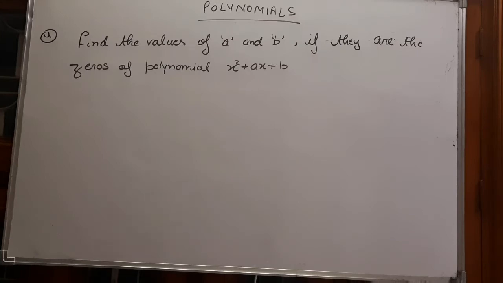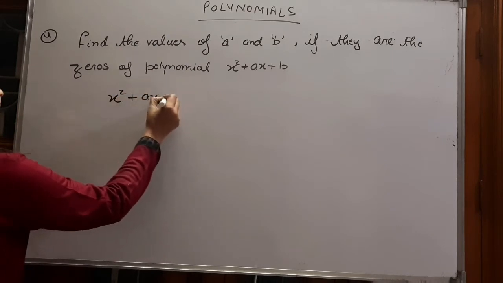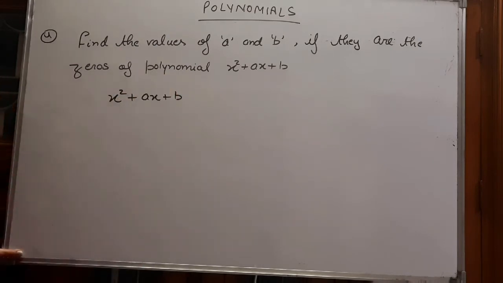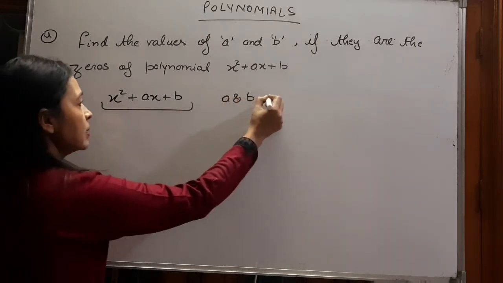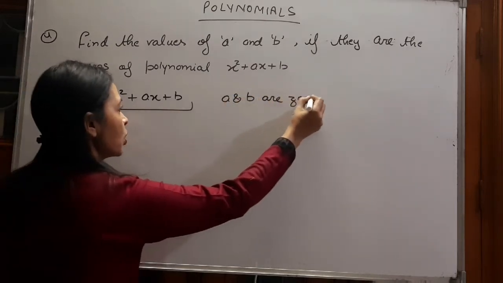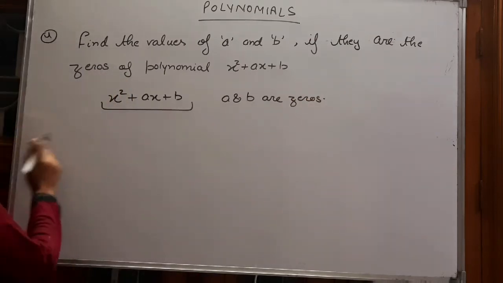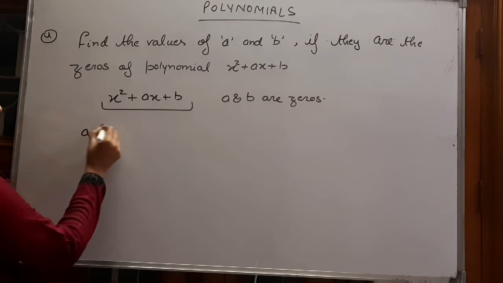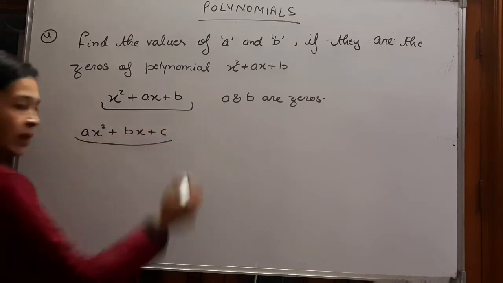Find the values of a and b if they are the zeros of polynomial x square plus ax plus b. In this case, a and b are zeros of this polynomial. What is the general form of quadratic polynomial? This is ax square plus bx plus c.